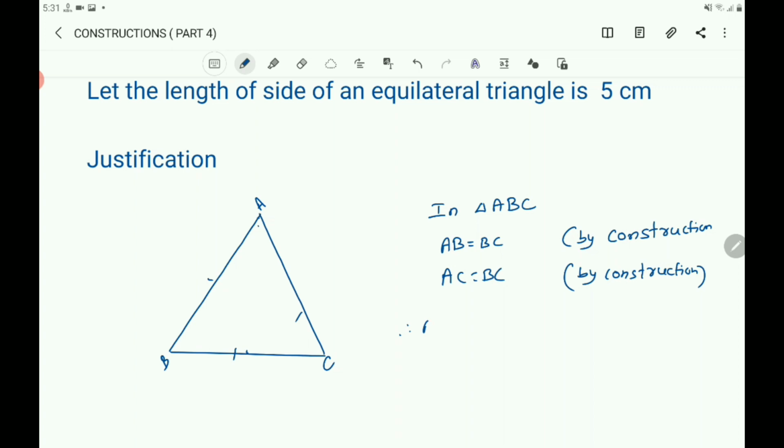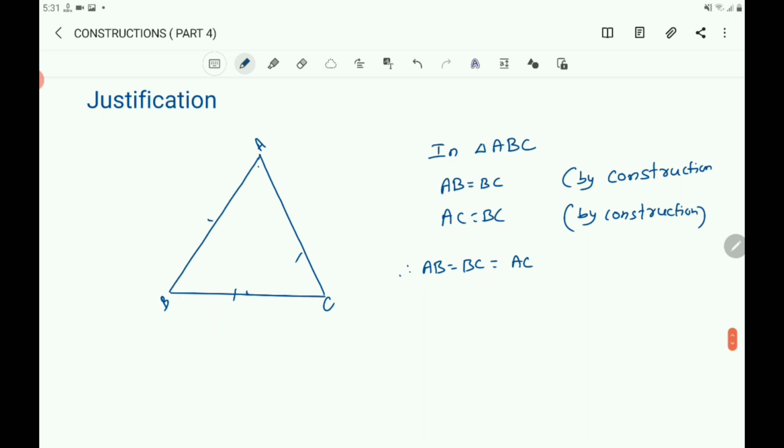Therefore you got that AB equals BC equals AC. Therefore triangle ABC is an equilateral triangle.